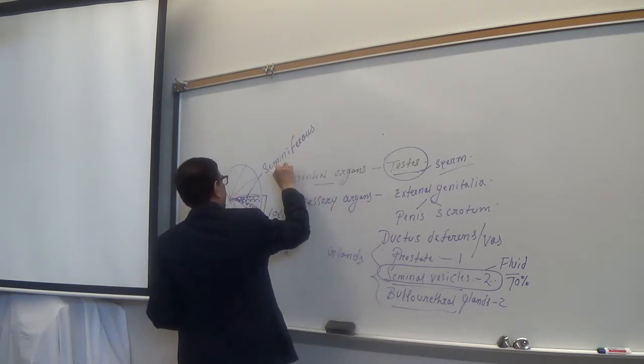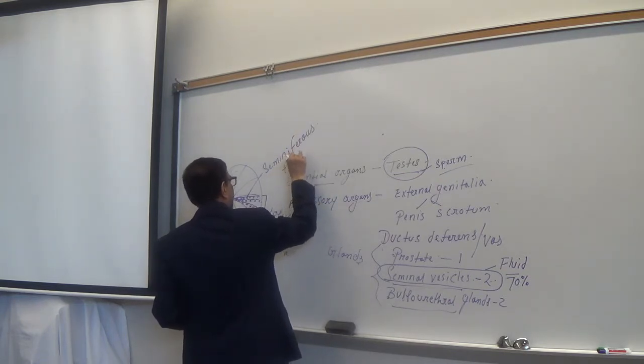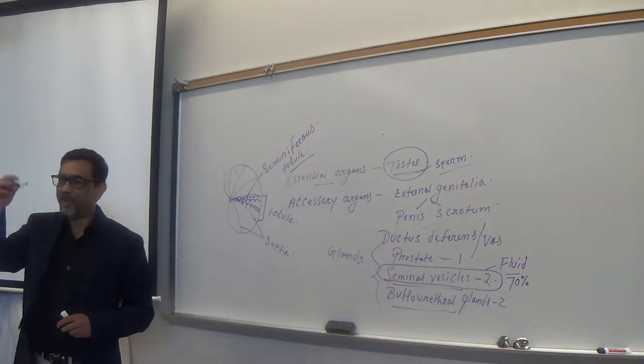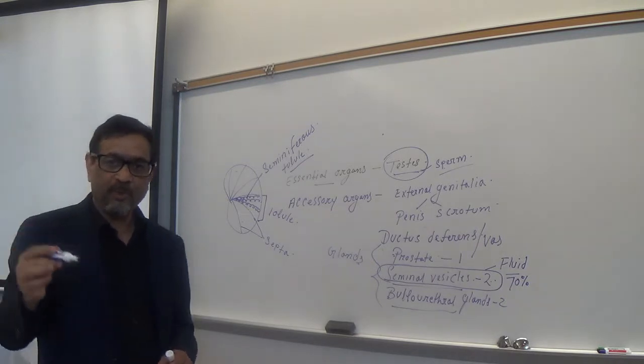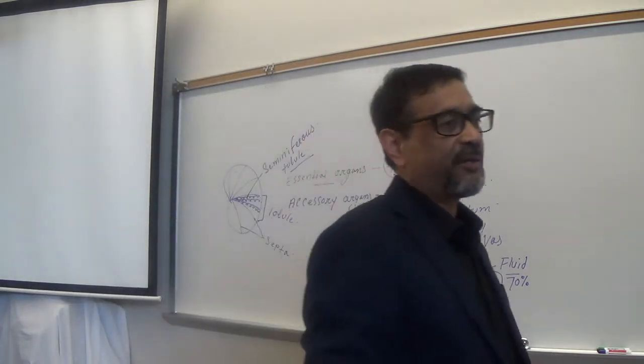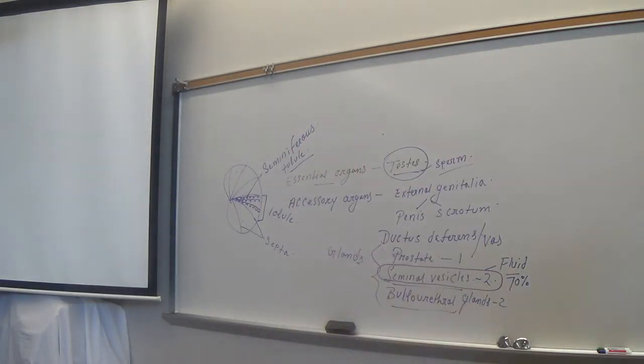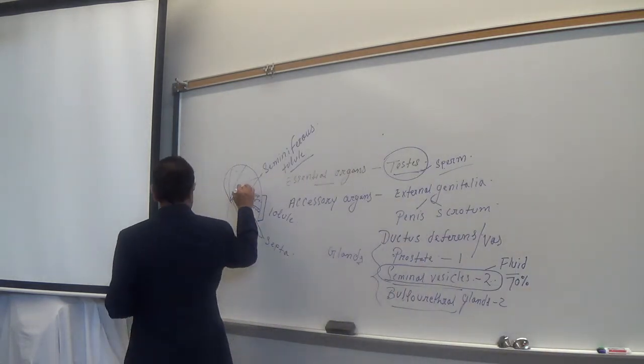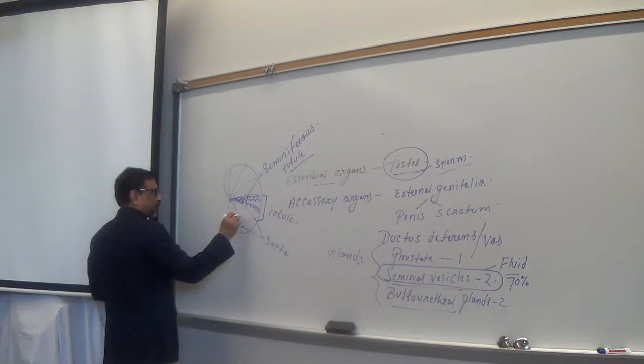Seminiferous tubules. These coiled tube-like structures inside the lobule are called what? Seminiferous tubules. So all these lobules have seminiferous tubules.